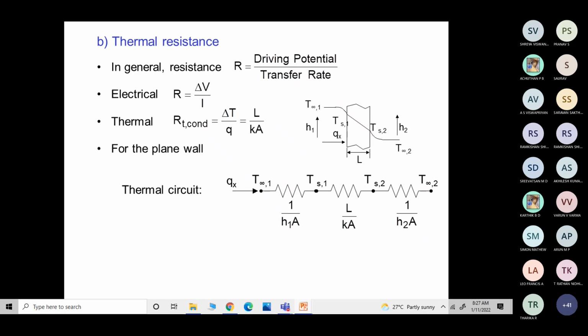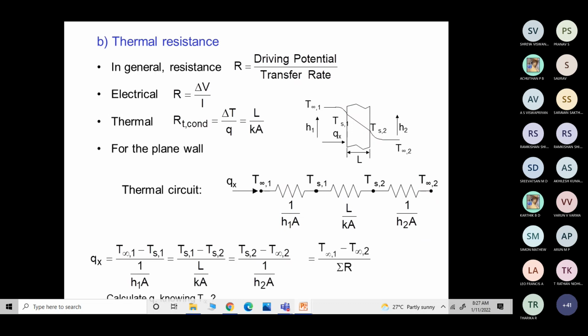Now in this case, since it involves both conductive resistance as well as convective resistance, we usually write it like this: the heat flux is equal to T1 minus T2 divided by the summation of all the resistances. Why is it so?